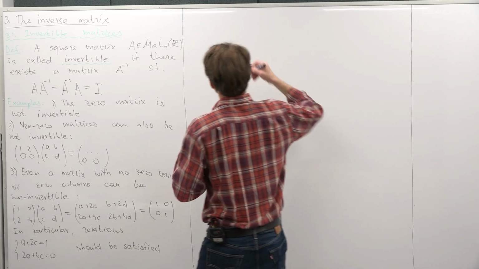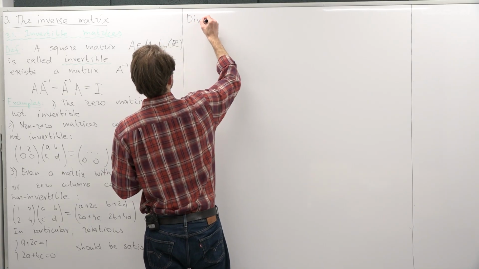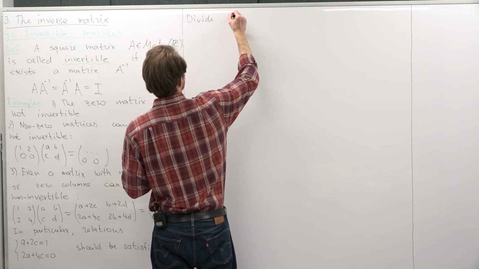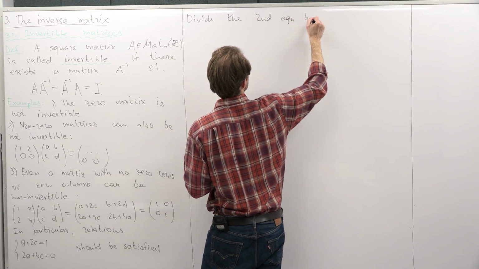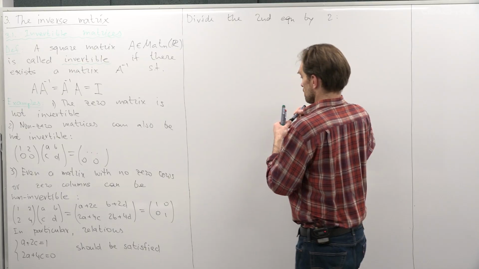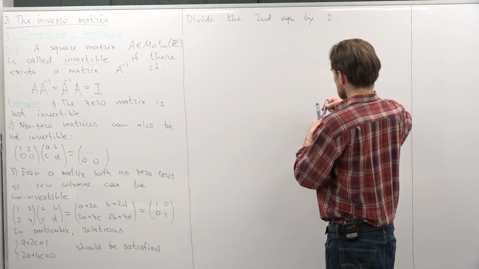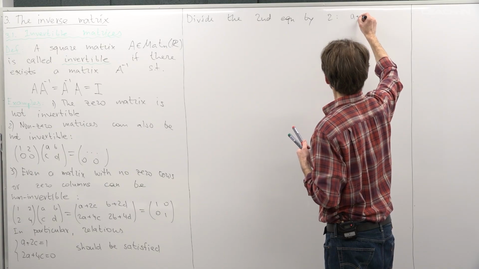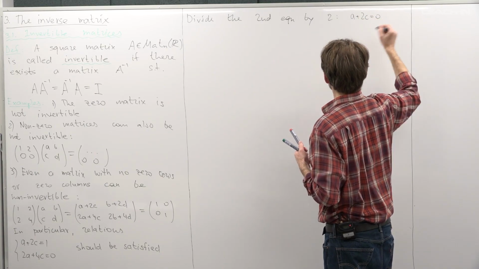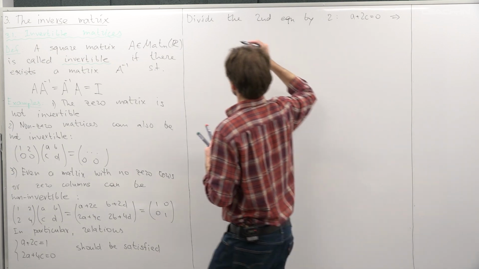So divide the second equation by 2. So we get an equation of the form A plus 2 times C equals 0. So there are no solutions.